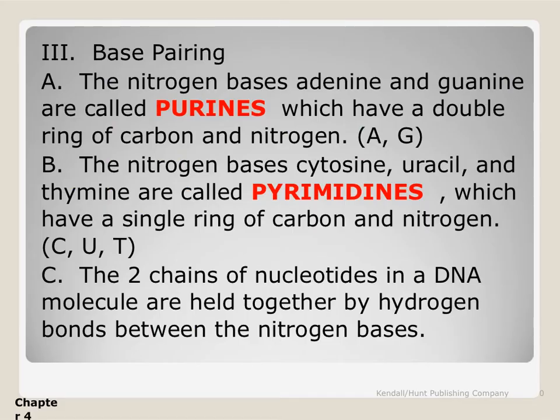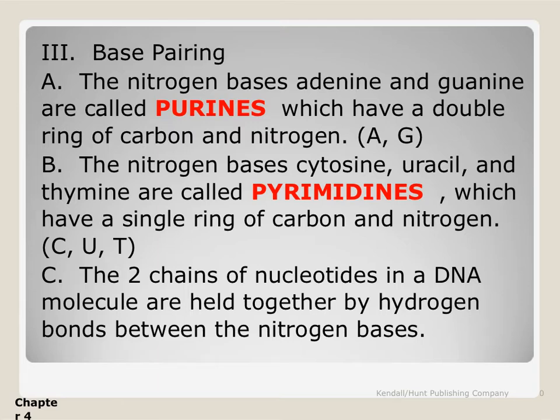So, base pairing rules. Nitrogen bases can be either a purine or a pyrimidine. If you go back to the picture, you can notice how they're shaped differently; one's kind of bigger than the other.